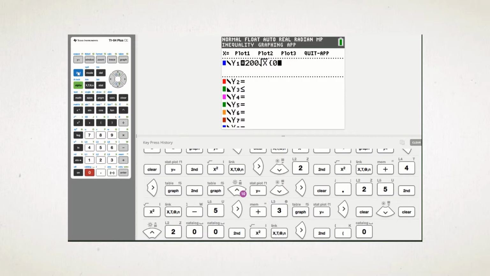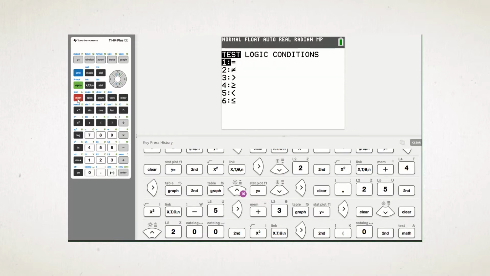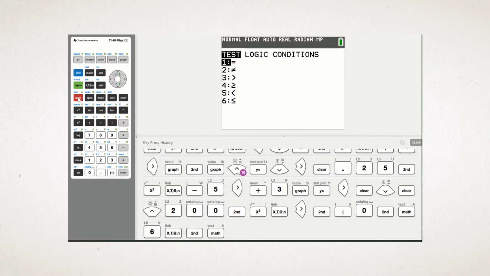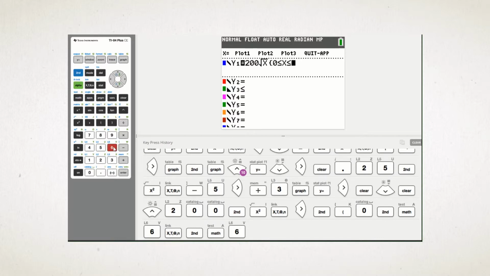To get to that, I'm going to hit second math, which takes me to the test functions. I'm looking for less than or equal to, which is option 6. And then I'm going to substitute x for t. Then we have to put our second restriction in here, second math again. I'm going to choose option 6 again, and now this is 10. And I need to close my bracket, so I'm going to hit second right parentheses, which gives me a right bracket.